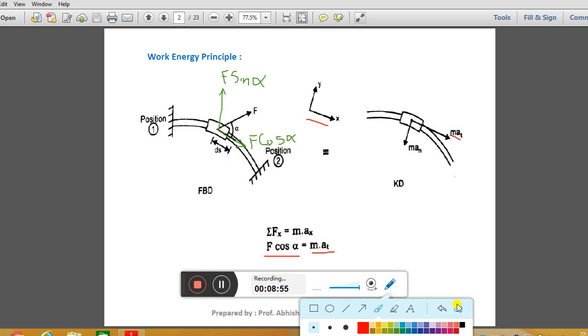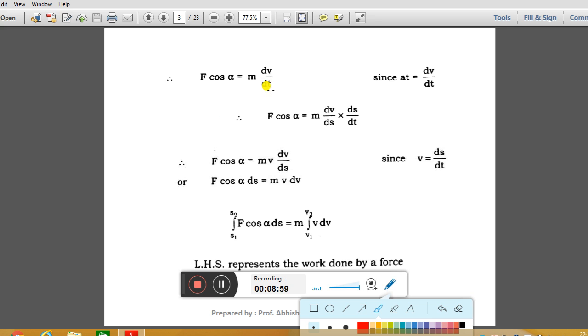Now this tangential acceleration can be written as dv by dt, right? So we will put dv by dt in place of acceleration in tangential direction.